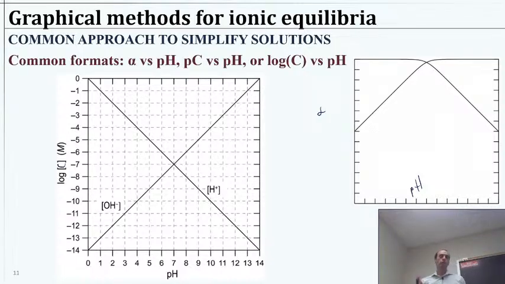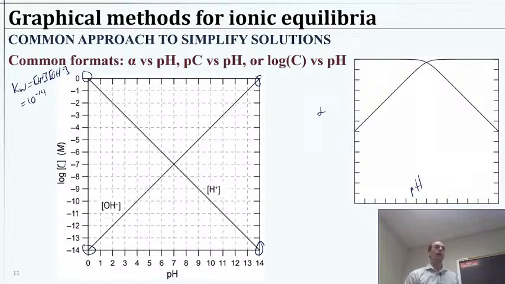And one thing you can note is for any aqueous solution, we know that the concentrations of OH minus and H plus are defined. They're defined exactly because Kw equals H plus times OH minus, and that value equals 10 to the minus 14. So that means right here is defined, right here is defined, and here and here.